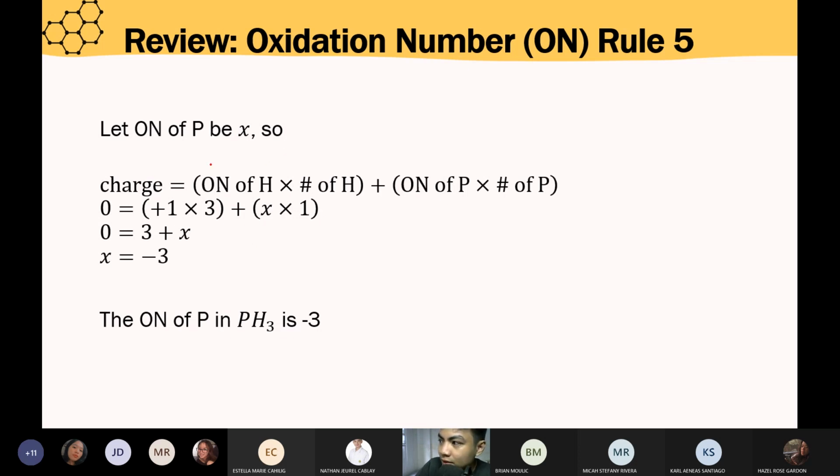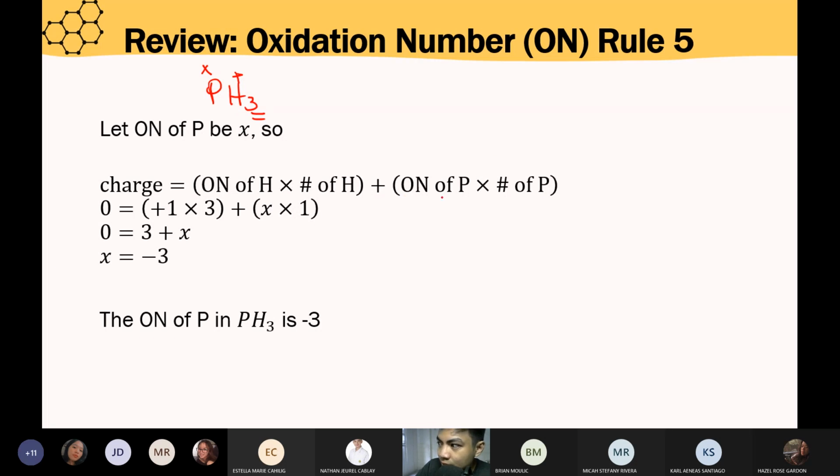So, basically, all you have to do is some algebra. You know that hydrogen is positive 1 and there are three, so 1 times 3. For phosphorus, you don't know this yet, so you let an unknown variable x be the oxidation number of phosphorus.